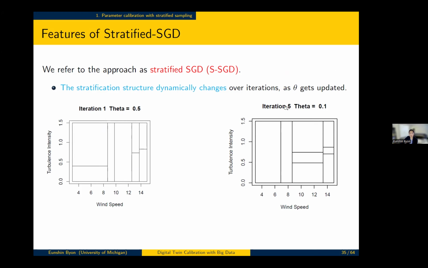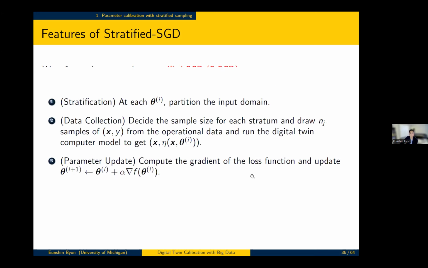In the fifth iteration, when theta becomes 0.1, we have a different stratification structure. So overall, at each theta, we partitioned the input domain by constructing this binary tree, and to get the splitting points, we use the result from the univariate analysis.